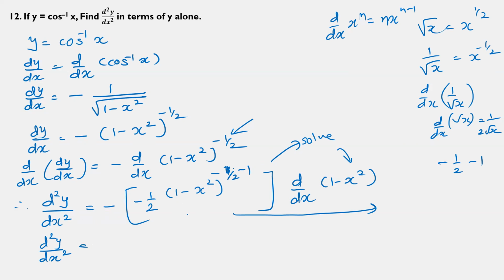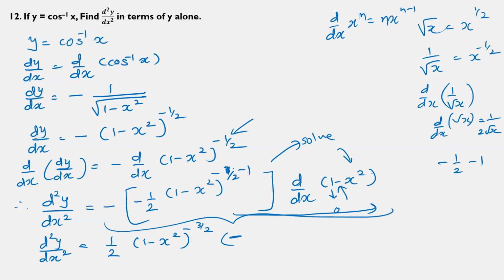Minus, all three are in multiplication. Everything is multiplication. Minus will become plus half, 1 minus x square to the power minus half minus 1, minus 3 by 2. And the differentiation of 1 is 0. And minus, then minus sign, because the minus sign was there.